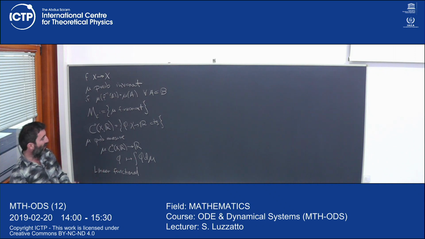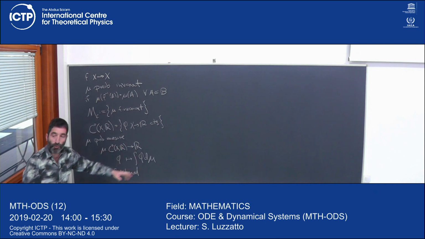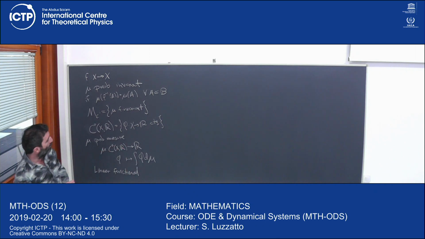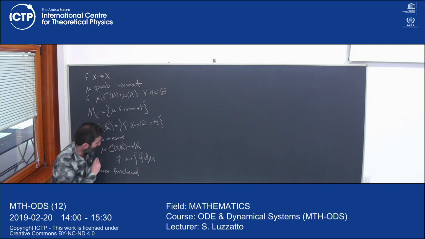The space of probability measures is just the space of those functionals for which this integral is equal to 1, because that's the measure of the whole space. And we use this to define a topology on the space of measures, which is the topology on the space of linear functionals. But I'm not sure how familiar all this stuff is for you.